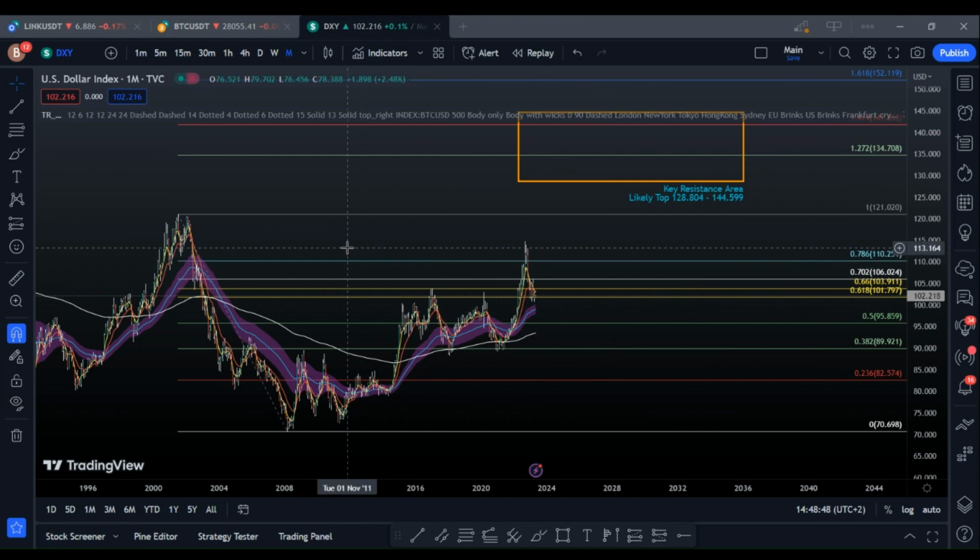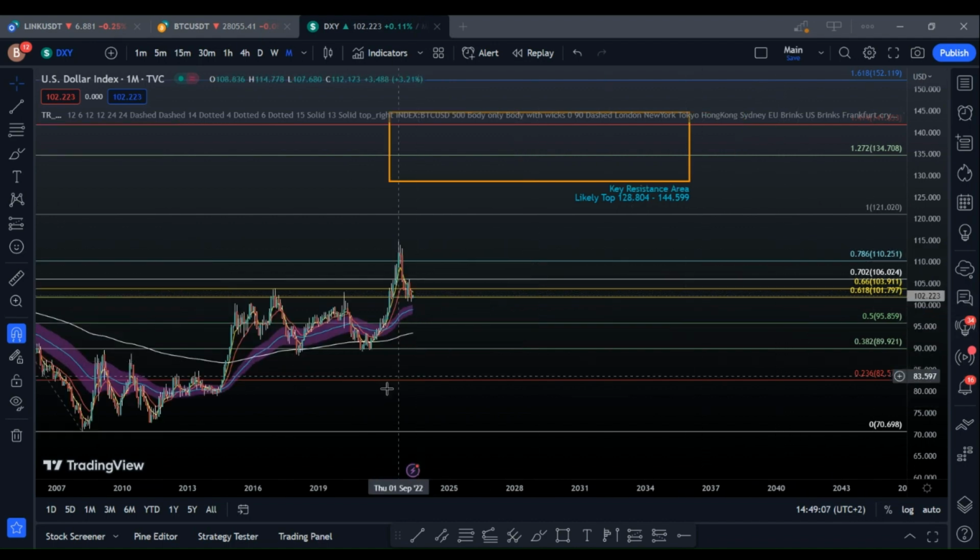And finally, let's have a look at the DXY, the US dollar dominance index. In case you don't know, when the DXY is going up, it's very bad and bearish for cryptos and stocks, which basically means that the dollar goes up in value and all other currencies and stocks lose value.